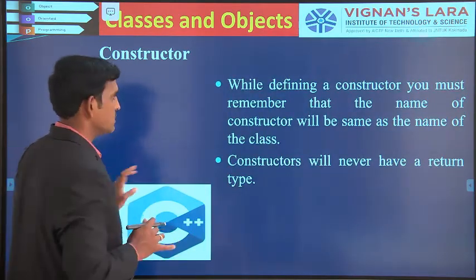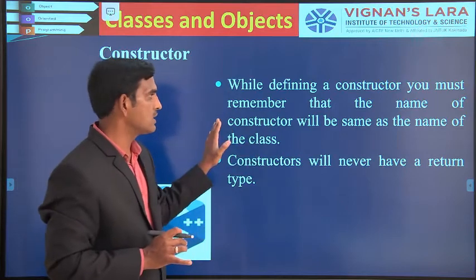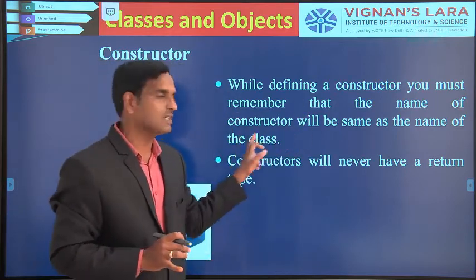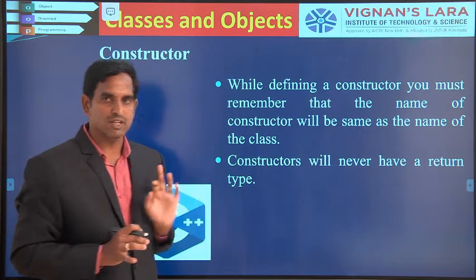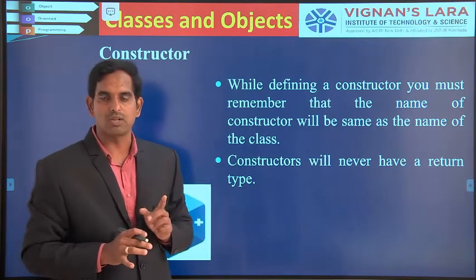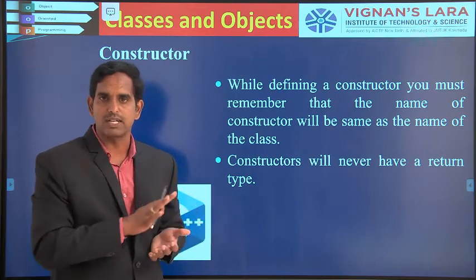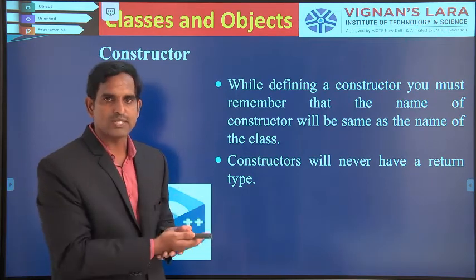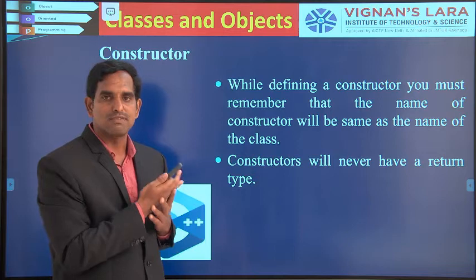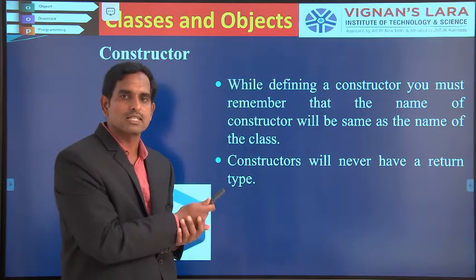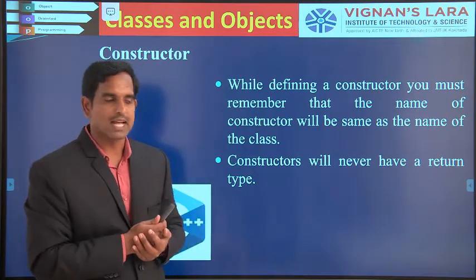When defining your constructor, you must remember that the name of your constructor will be the same as the name of your class. So far you have not written any constructors. Now when you start defining your constructors, the first thing to remember is that the constructor name will be the same as your class name.